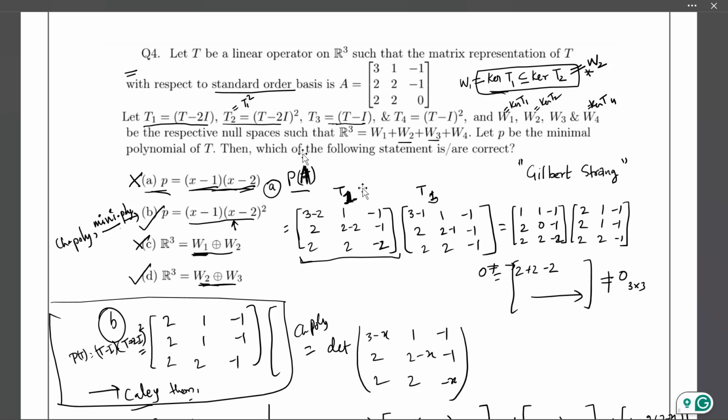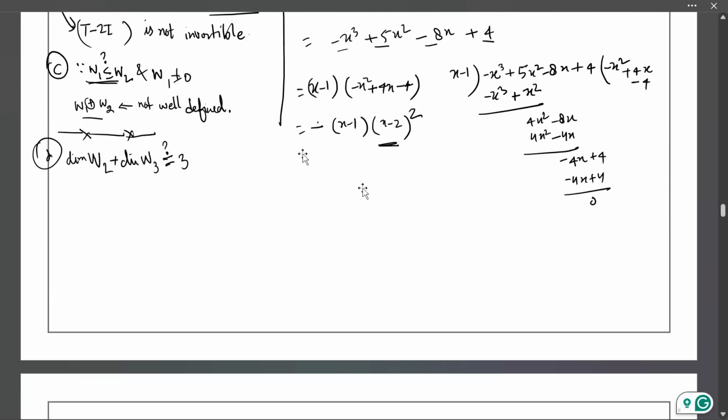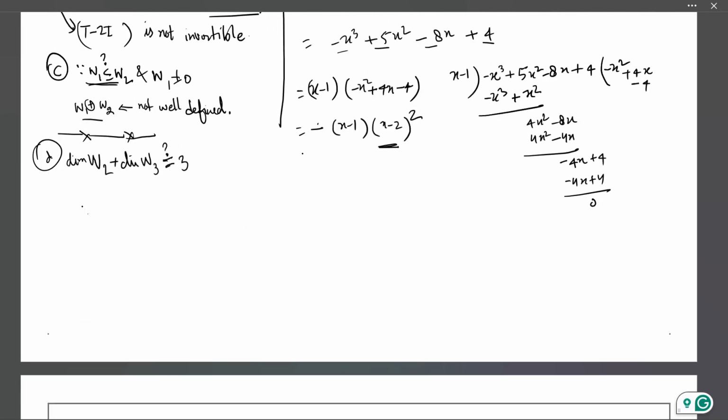What we do in that case is the primary decomposition theorem. D follows from the primary decomposition theorem. No need to write anything.